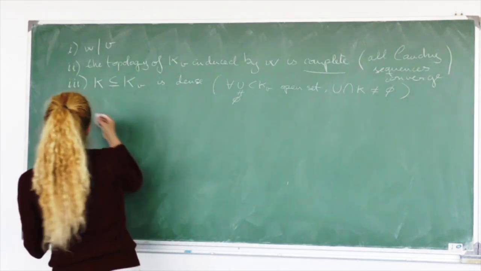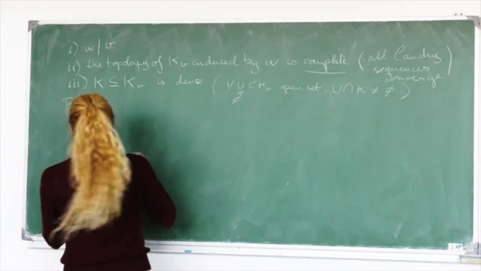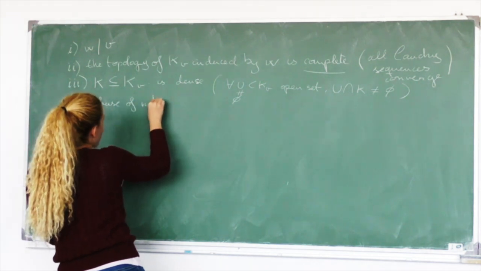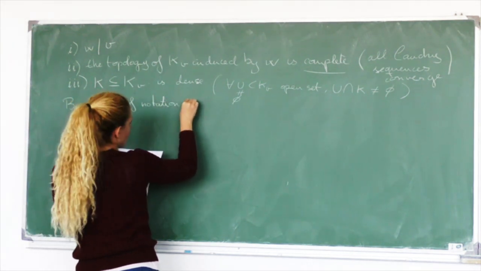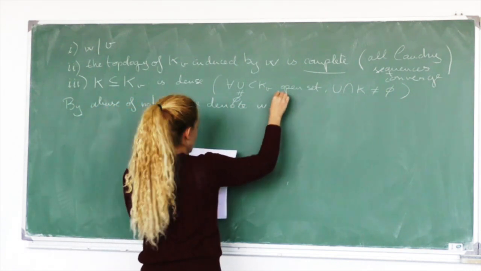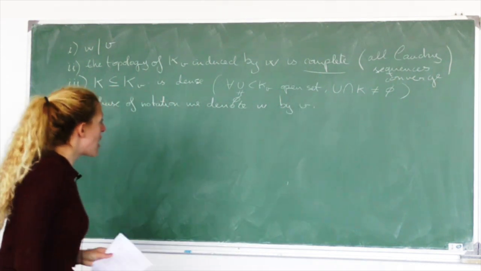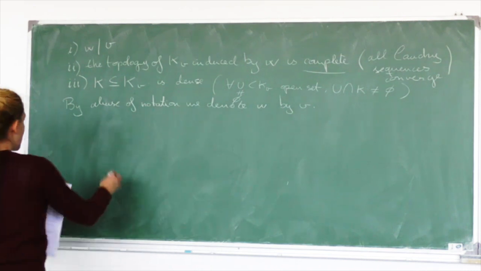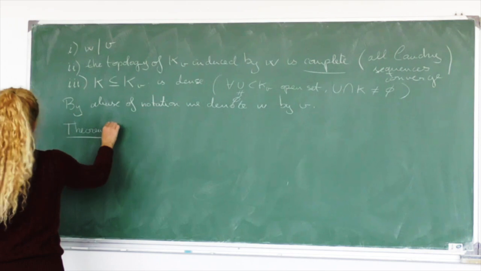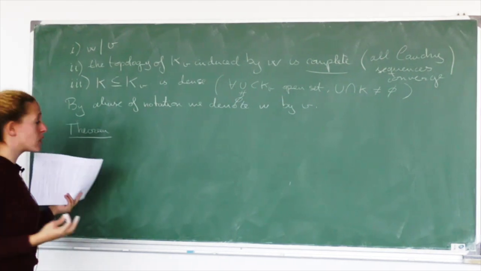And again, by abuse of notation, I'm very sorry, we are really abusing the notation, we denote W by V. And now, after this definition, we can state the following theorem, that is going to tell you that this completion exists and it is unique.